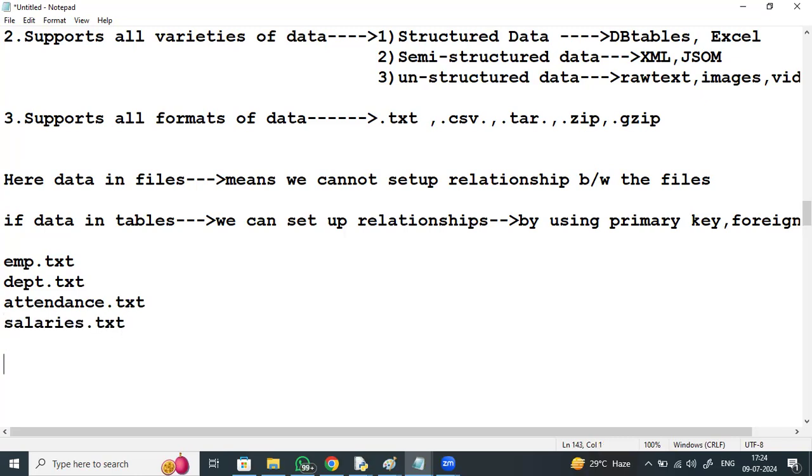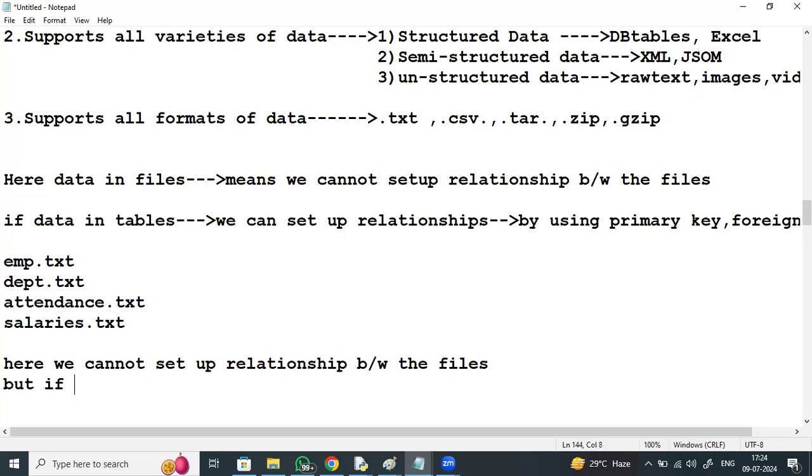You got some files in this way. We cannot set up relationships between the files.